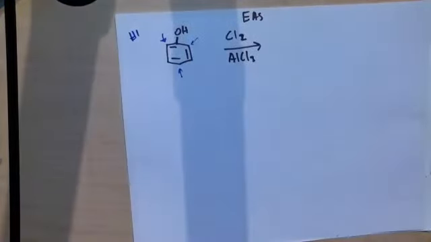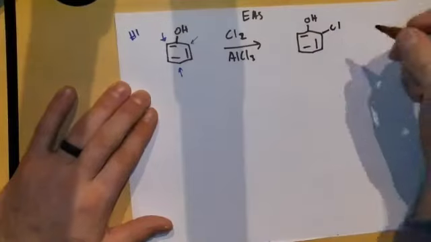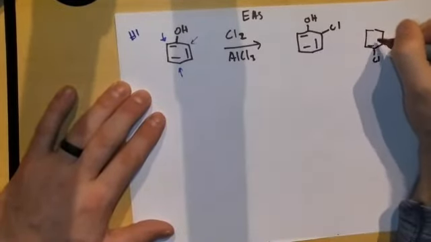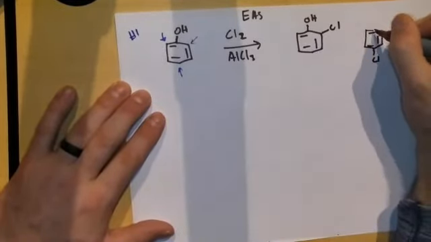There's 2 different products we can get, either where our Cl adds ortho, or where our Cl adds para. This works by an identical mechanism. We've just swapped out aluminum for iron for aluminum.